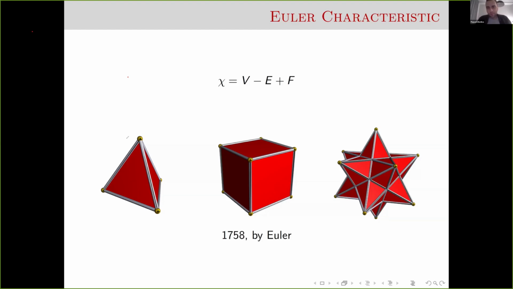The fact that you will always get 2 is a consequence of the fact that every convex polygon has 1 connected component, 0 one-dimensional cycles, and 1 void, which it bounds inside. That's a very classical, I think one of the first non-trivial topological invariants, maybe just after the number of connected components.